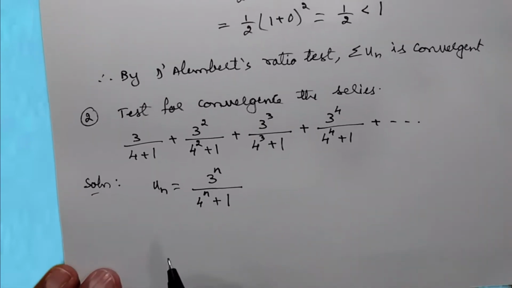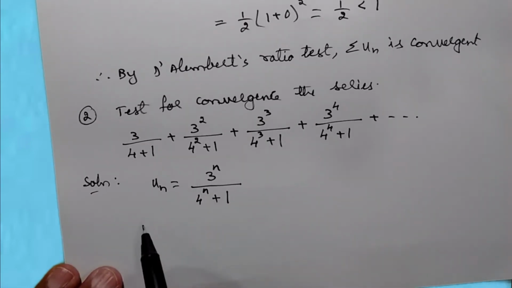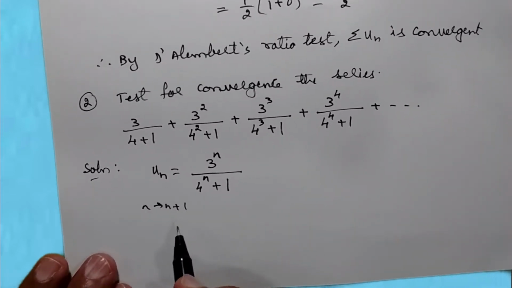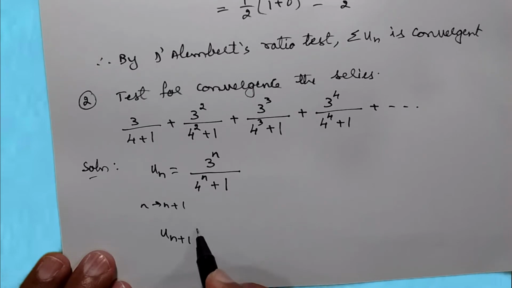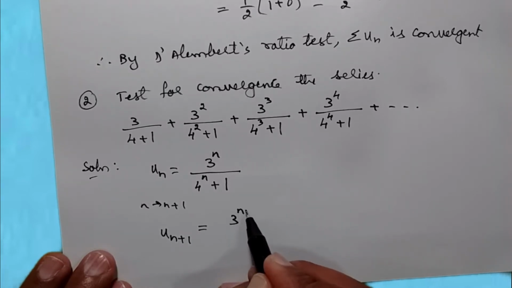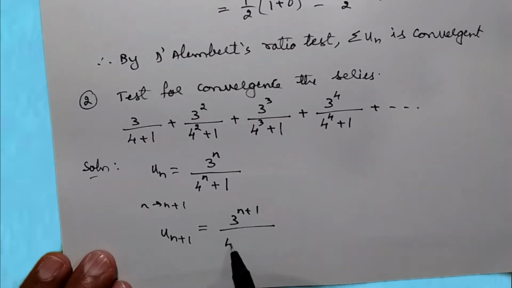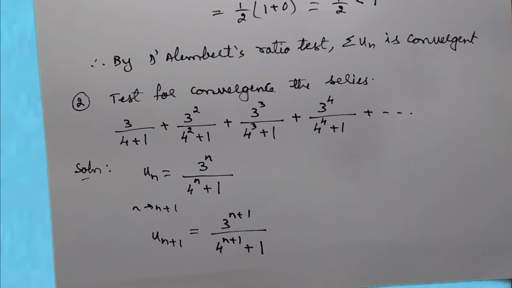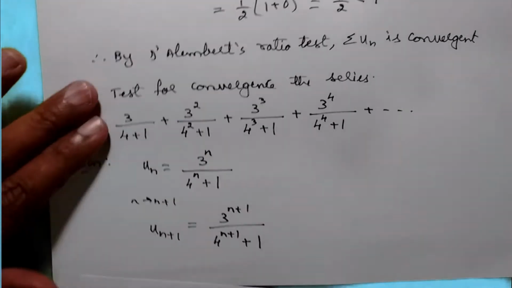Now, you have to find out un plus 1, so wherever n is there, just replace n by n plus 1. So if you replace n by n plus 1, un plus 1 is equal to 3 power of n plus 1 divided by 4 power of n plus 1 plus 1. So you got un plus 1 and un. You need to just take the ratio of un plus 1 and un.